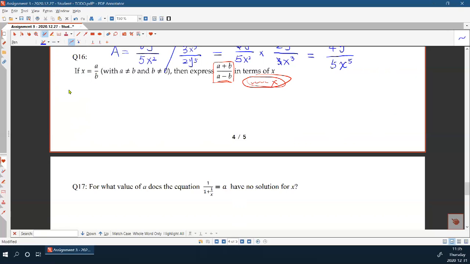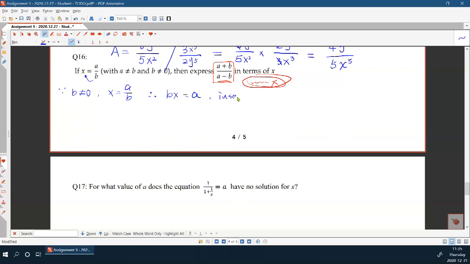So if we want to express a using b and x, because b is not 0 and x is a over b, we can easily multiply b on both sides of the equation, which gives us bx is a, right?